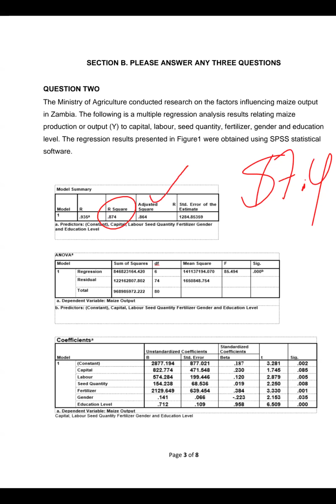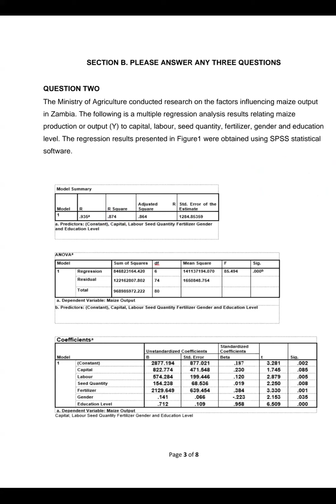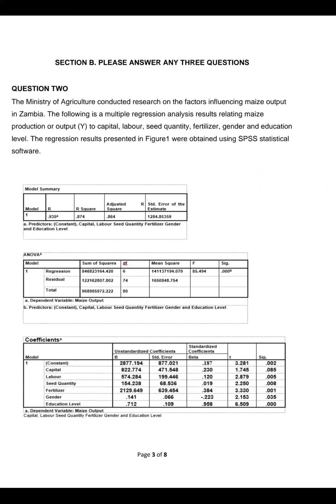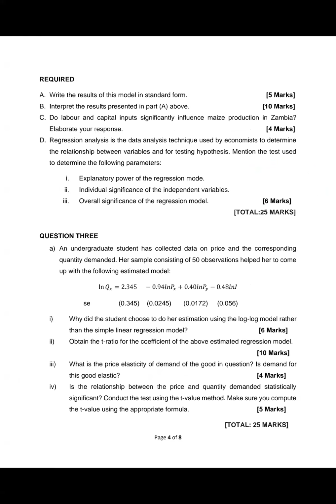If you're given two of them, you need to use the adjusted R squared, which explains 86% of variations. I think those are some of the key things that you should interpret here about the model. The rest of the things are less important.